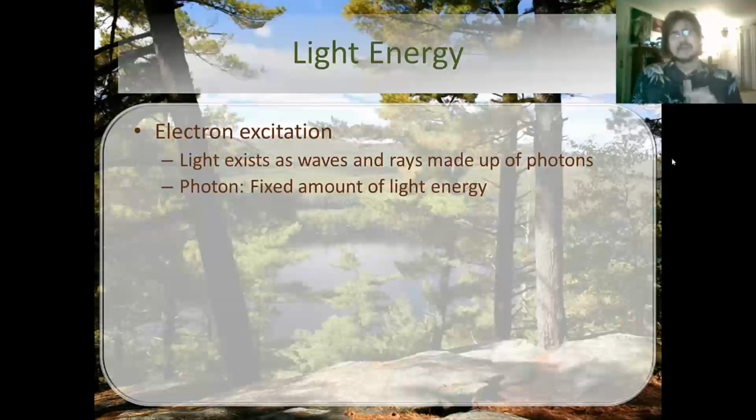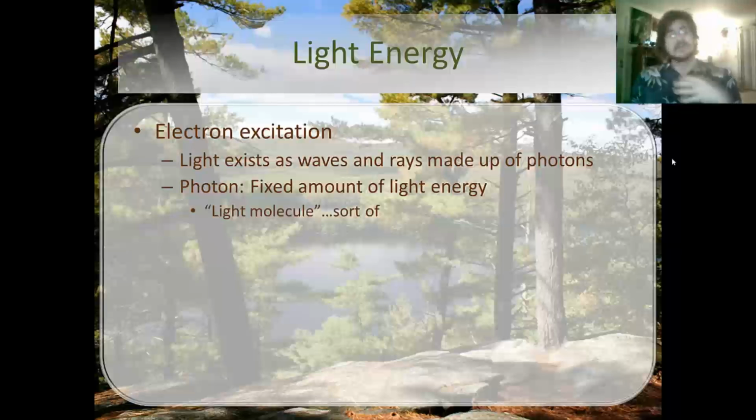You can sort of think of it as a light molecule, but not anything really like that. It is a unit of light. See, a molecule is made of matter and has mass. But a photon is massless and there's no matter involved. It's just pure energy, but it is fixed, almost like a ball of energy traveling within those waves and rays.